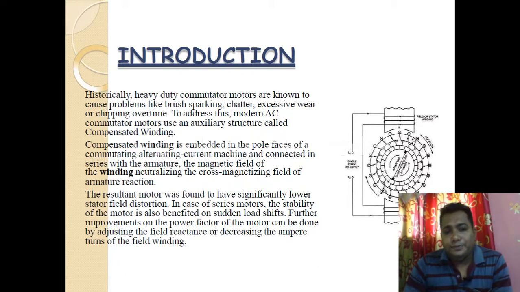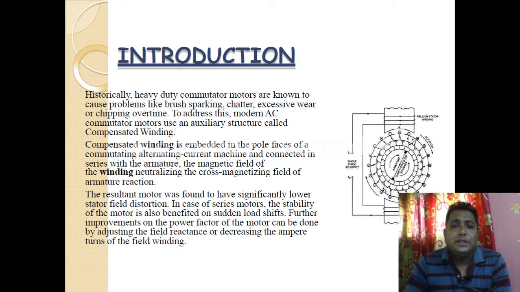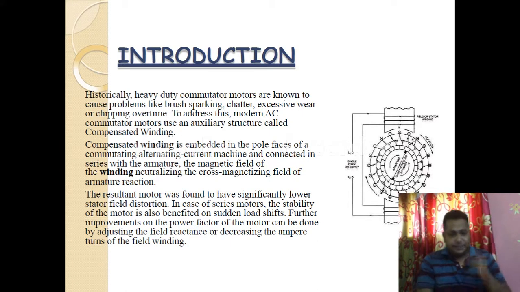To reduce that problem, we introduced the compensating winding after some years. This compensating winding is embedded in the pole faces of a commutating alternating current machine and connected in series with the armature. The magnetic field of this winding neutralizes the cross magnetizing effect of armature reaction.